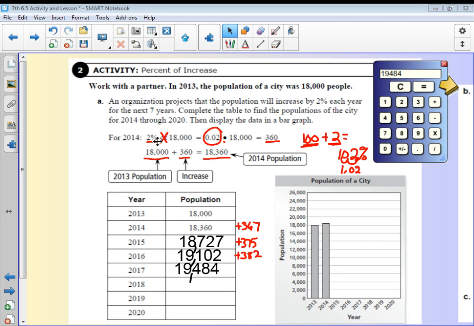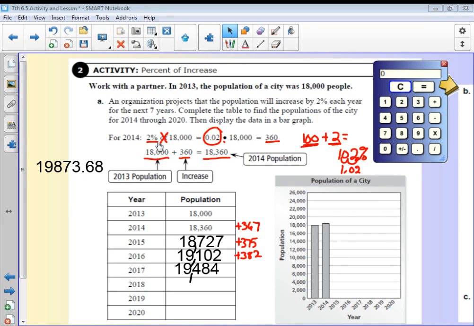We're going to try that out on this one, and I'll prove to you that it works either way. I'm going to leave it as 19,484, and this time I'm going to say times 1.02. I get a number, which I'm going to shift off to the side.